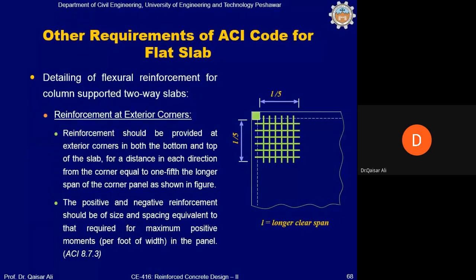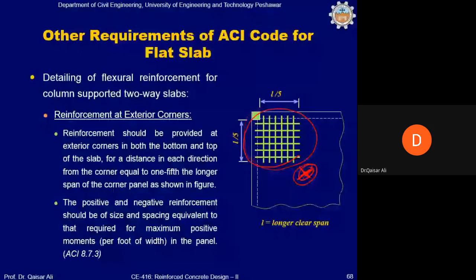The requirement of the code is that this mesh shall be provided. This mesh shall be provided at the extreme corner of the corner panel, and this reinforcement shall be equal to the maximum positive reinforcement, the maximum positive reinforcement here at the midspan, both the top and bottom bar.